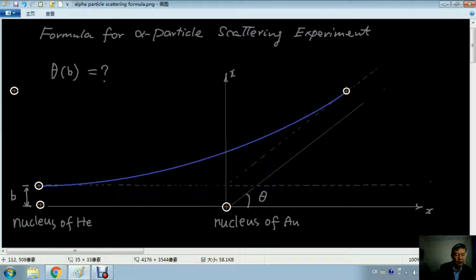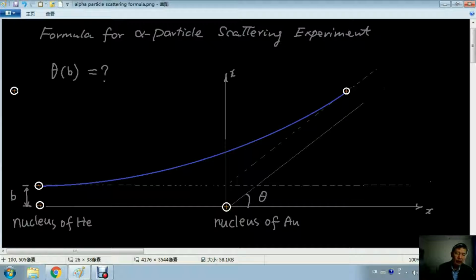Obviously, because of repulsion, the initial velocity of the alpha particle will decrease until it actually reaches 0. In the meantime, the distance between the two nuclei reaches the minimum, and eventually the particle returns and rebounds.